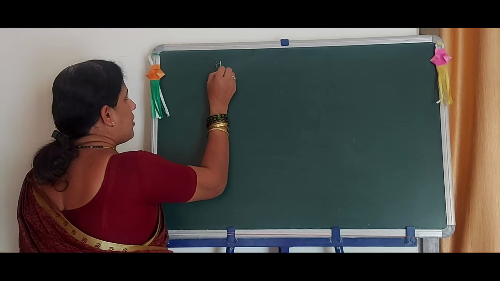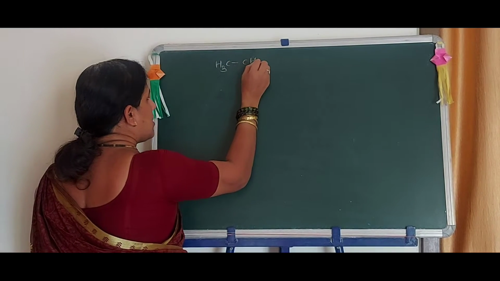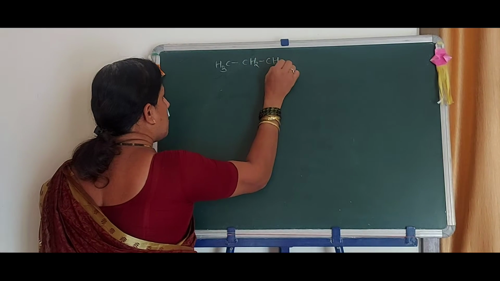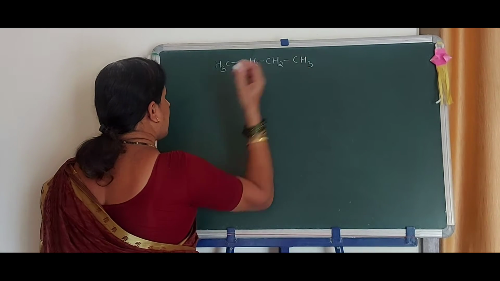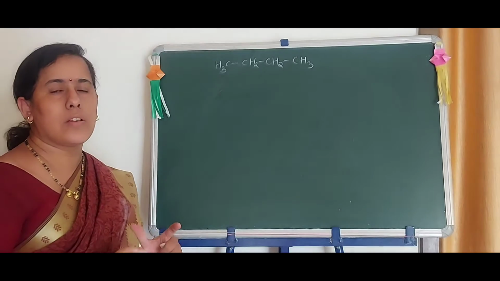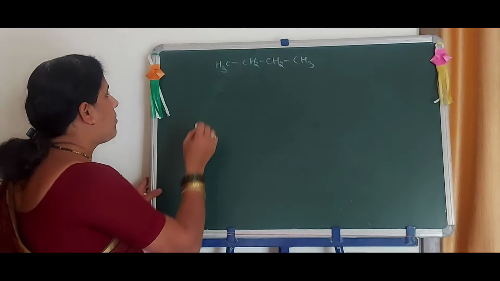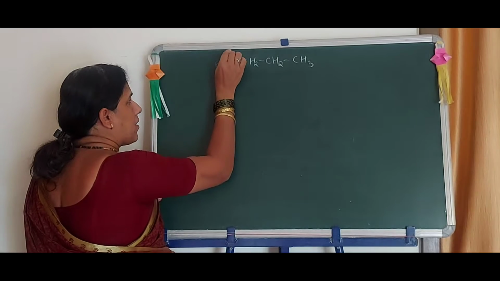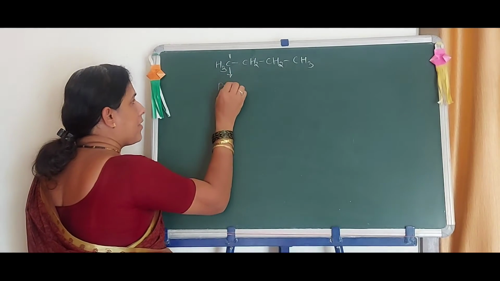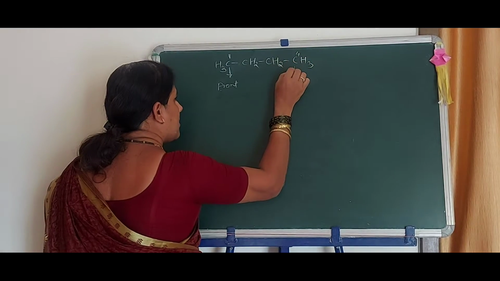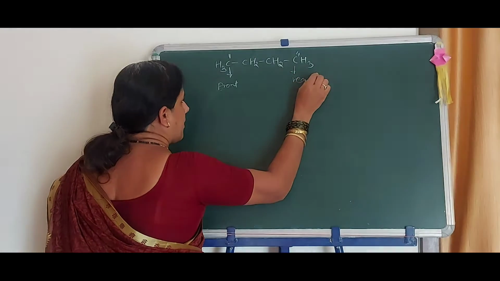Again I am writing the butane formula: CH3, CH2, CH2 and CH3. Here care should be taken that we keep this carbon atom first as the front and the last carbon atom is considered as the rear carbon atom.